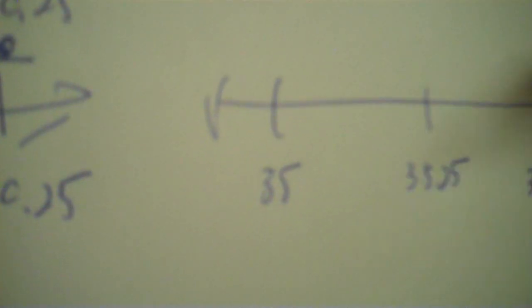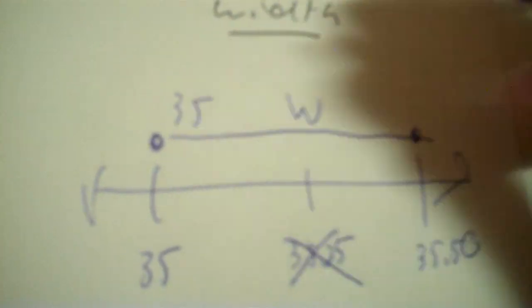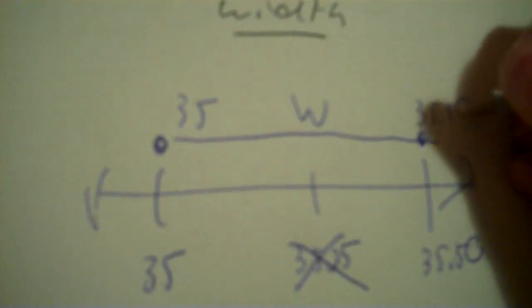So the maximum this can be is 35.50. The minimum's 35. If it's outside there, then you have to send it back and redo it. Cross that middle one out. Put W, you're going to have 35 and 35.50. Then you eat the max and eat the W.